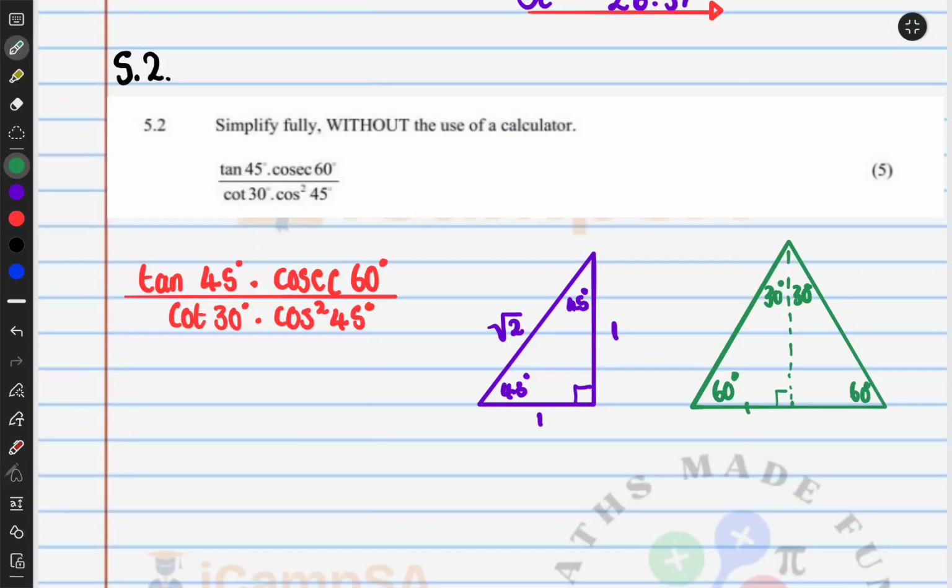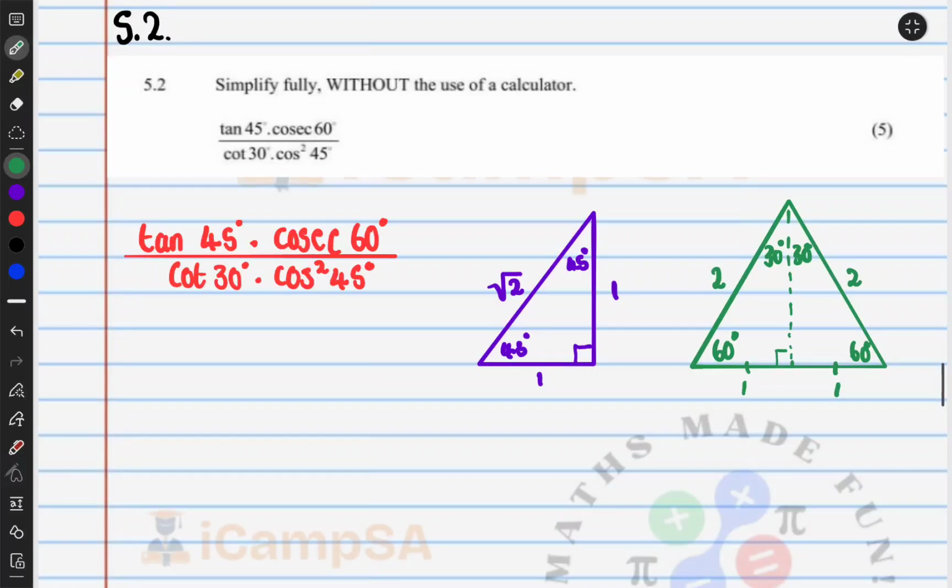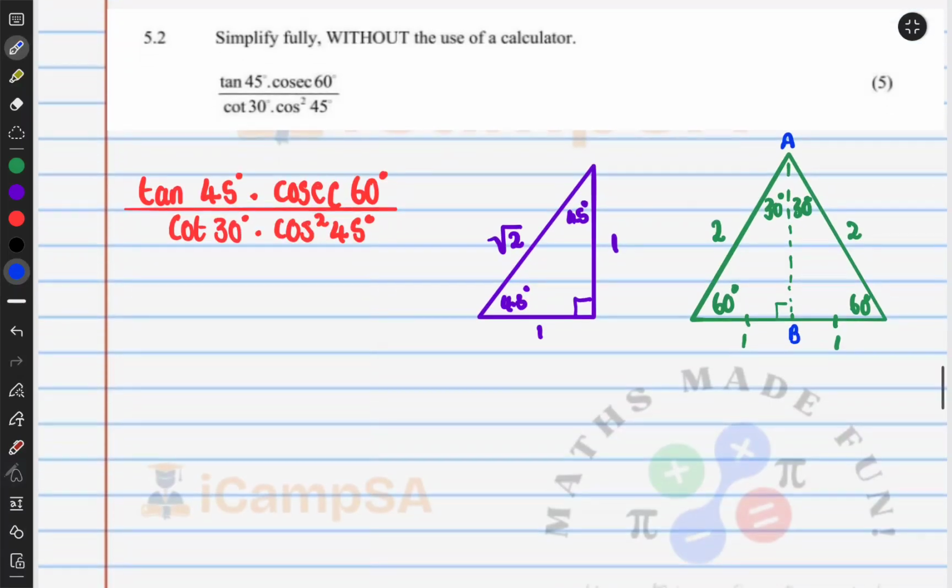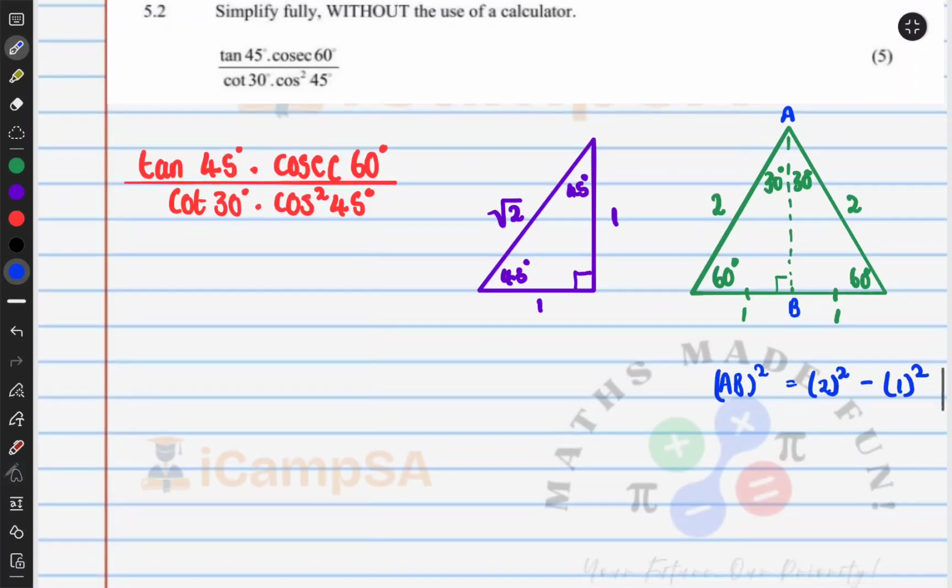So these sides will be 1 unit and 1 unit, 2 units here and 2 units there. We just have to calculate the third side, AB, using the Pythagoras theorem. AB squared is equal to the hypotenuse squared, 2 squared, minus the other side squared, 1 squared. 4 minus 1 is 3.